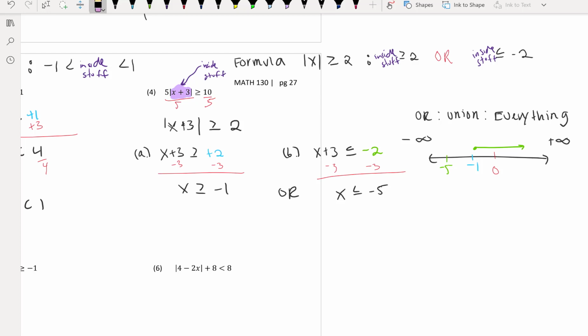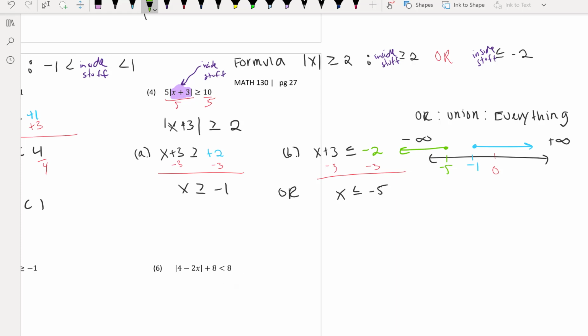Oops, I color coded that wrong. There we go. And that was supposed to be a -5, yeah. So at -5, it's going to be less than or equal to.